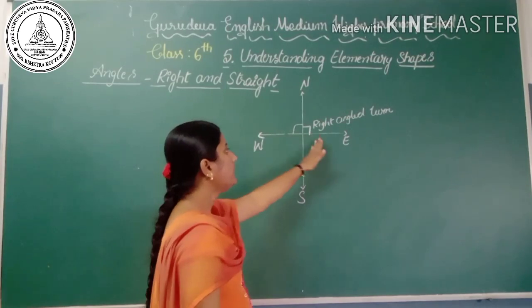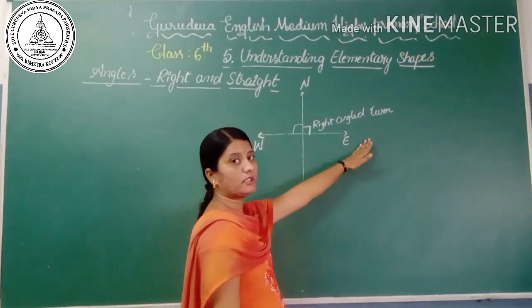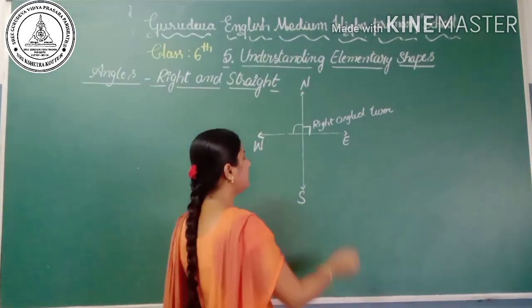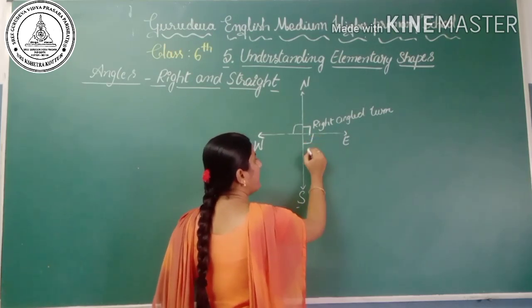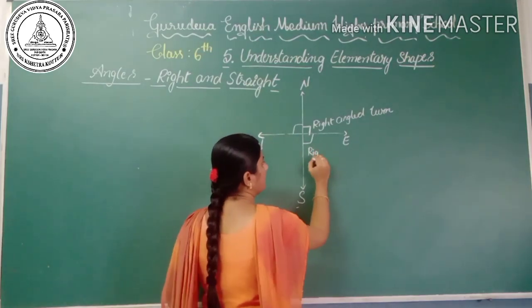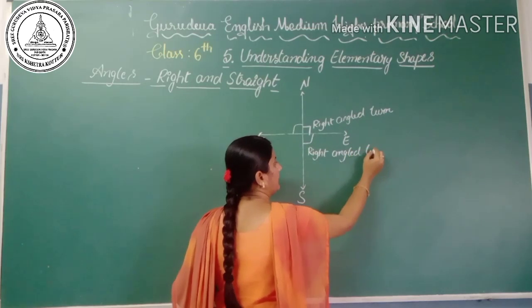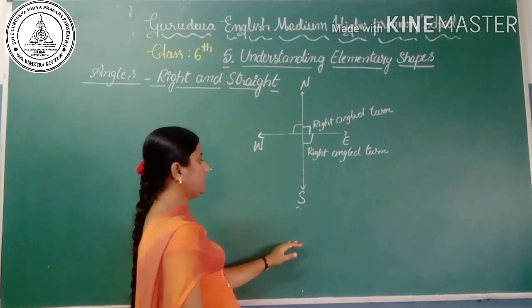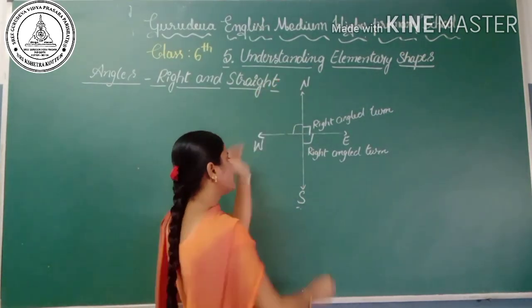Now here you are in the east direction, then again you turn in the clockwise direction, so you will face the south through the right angle turn, or you have a right angle turn again, right?